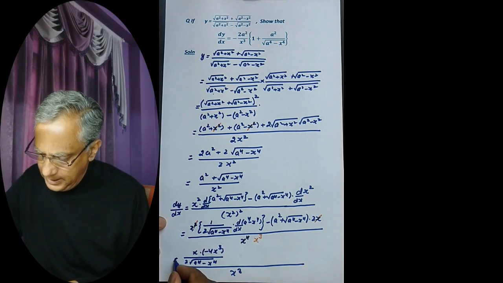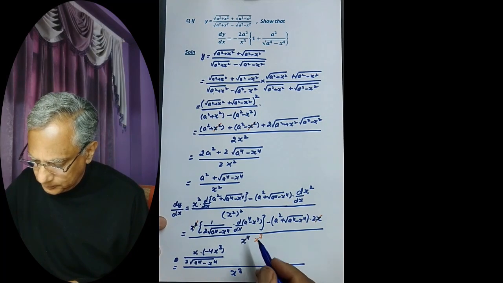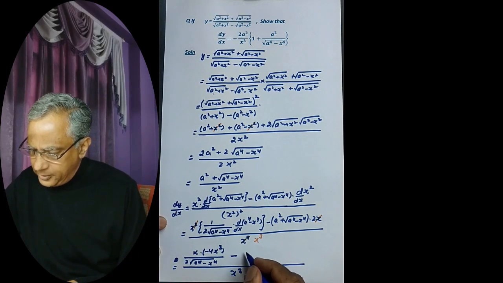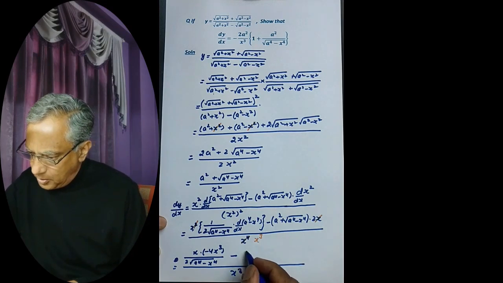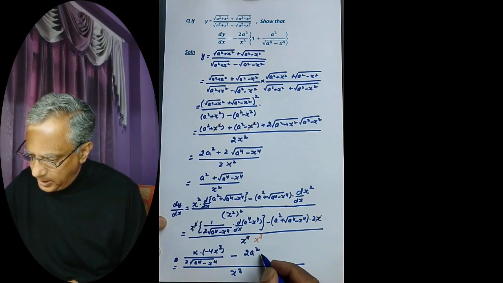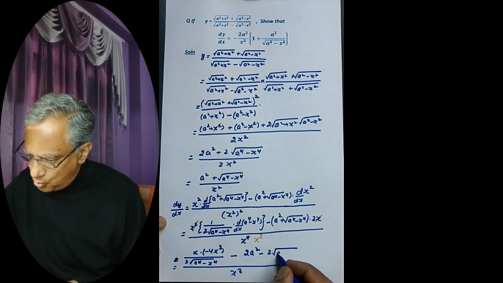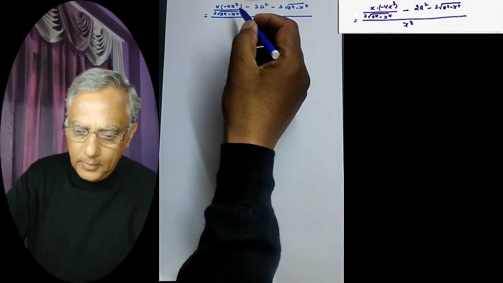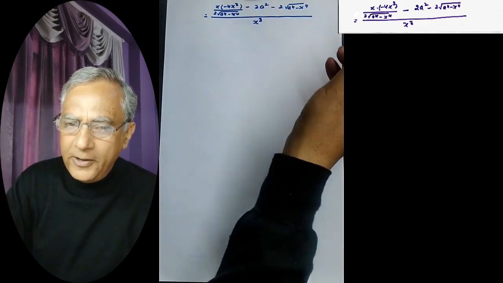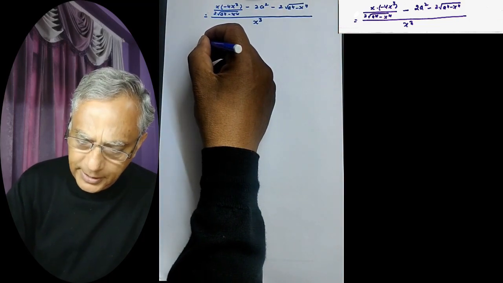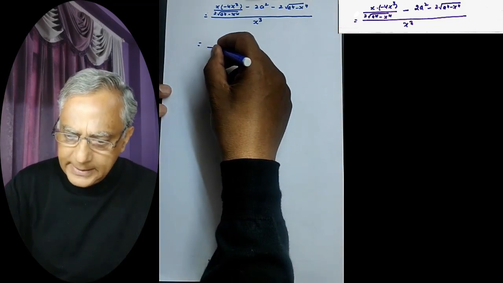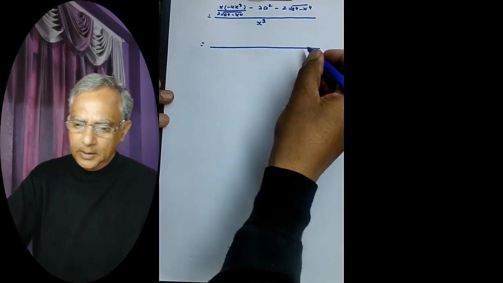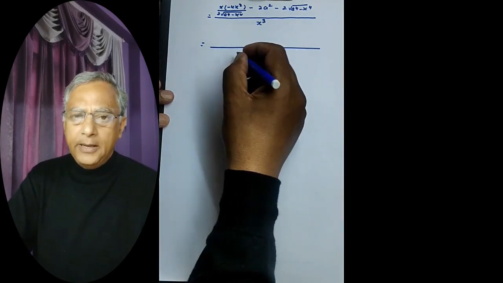We have x³ in the denominator. Minus, now this term has been simplified into this. Minus, now we open this bracket. We have minus 2a² minus 2 under root a^4 - x^4. Now I have noted down the last term from the previous page. You can see the side sheet. Now this can be simplified as we first take the LCM of the numerator.